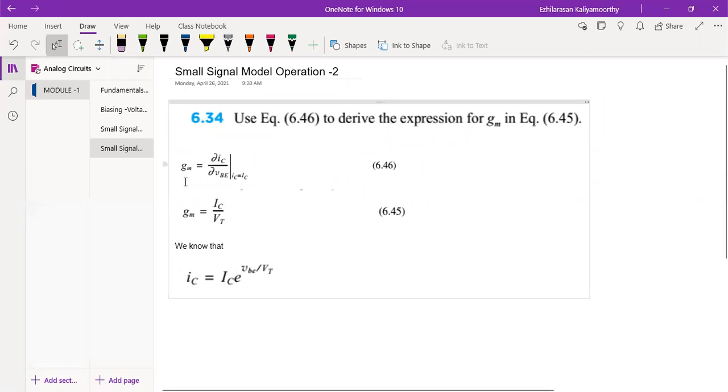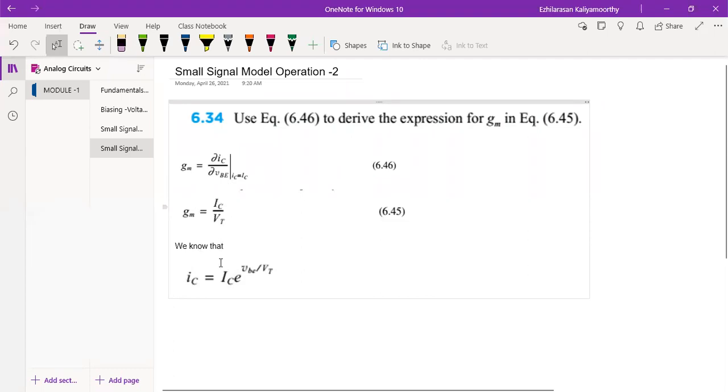The transconductance is GM equal to dou IC by dou VBE. Now we have to derive the expression for GM in equation 6.45. We know GM is equal to IC by VT.